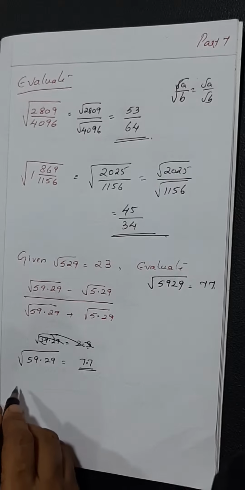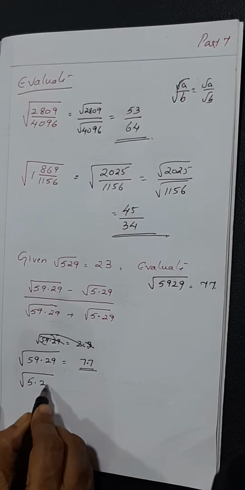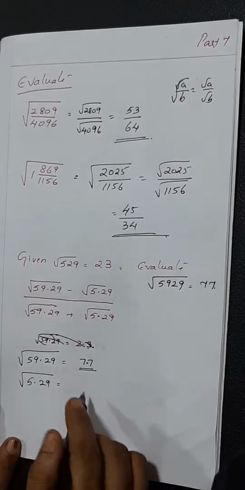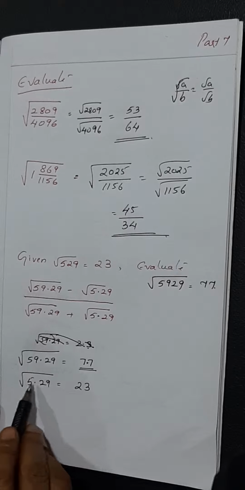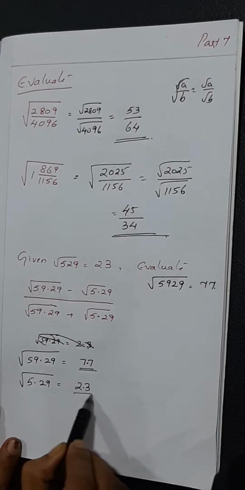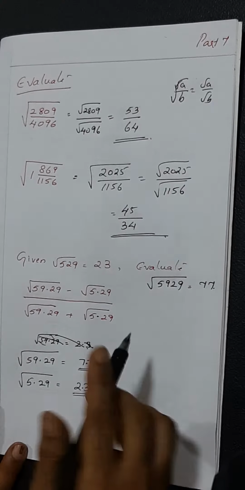And similarly the root of 5.29 will be, for 529 it is 23, and here you have 2 decimals, so it is 2.3. Now you can substitute these values.